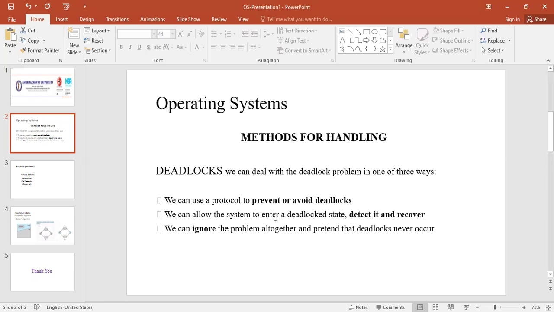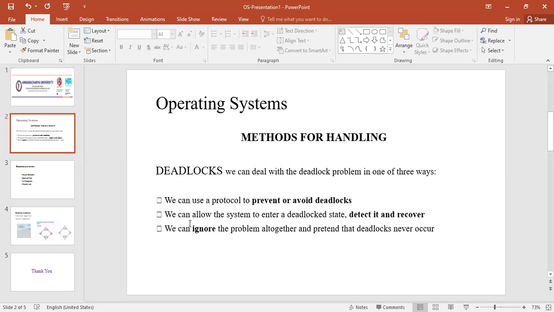The second method is allowing the system to enter the deadlock state, then detecting and recovering using a mechanism. In the third one, we can ignore the problem altogether and pretend that deadlocks never occur.